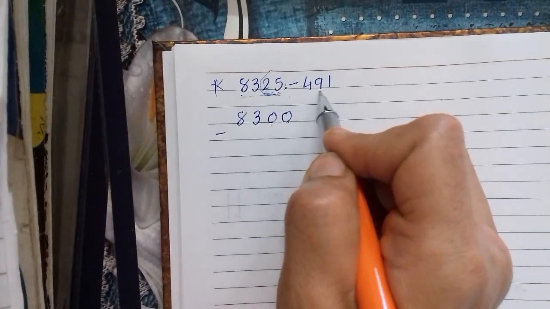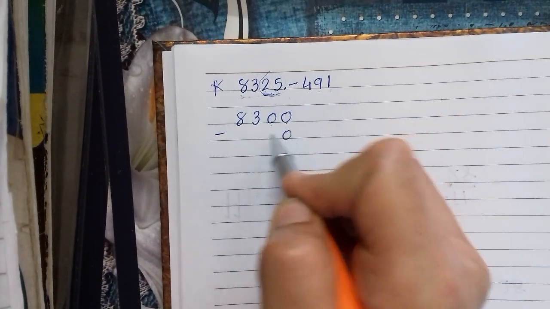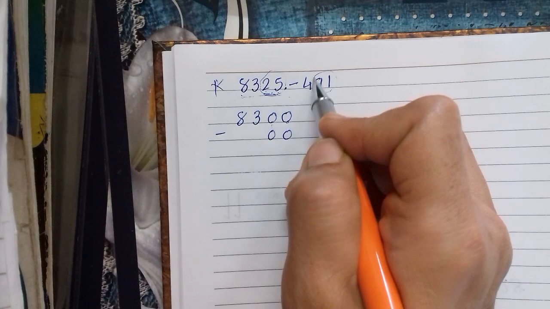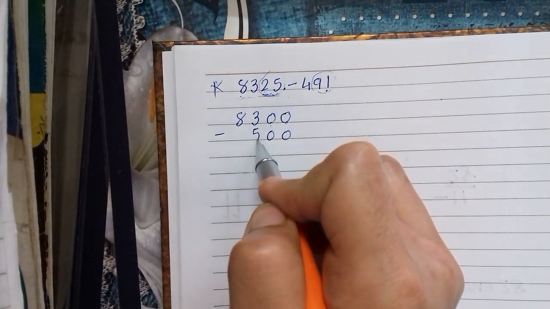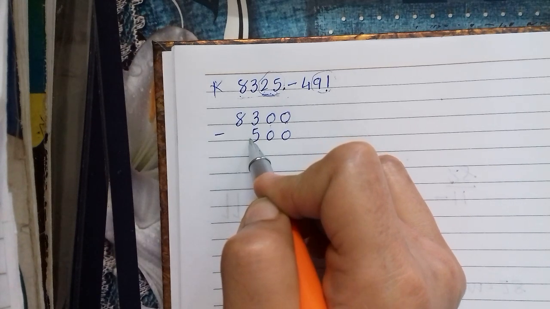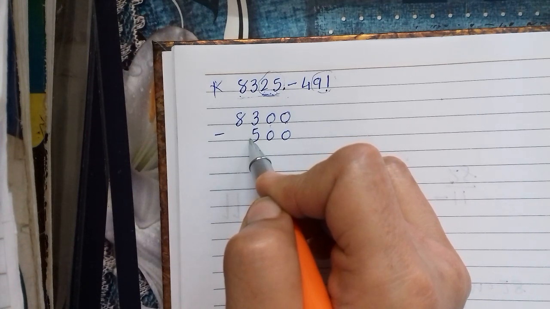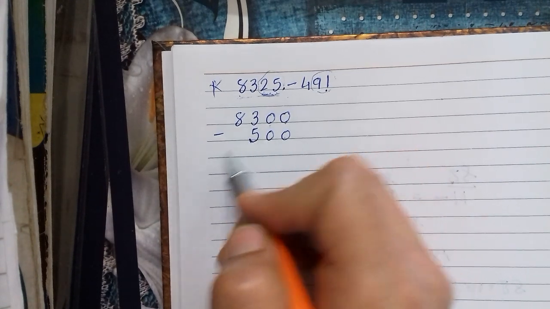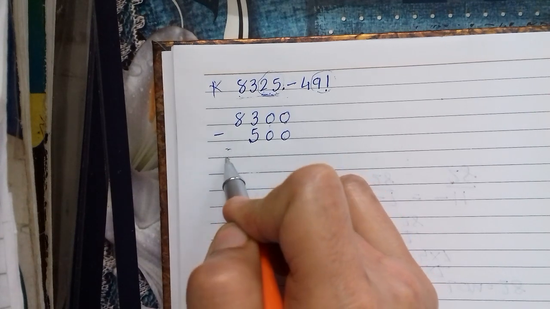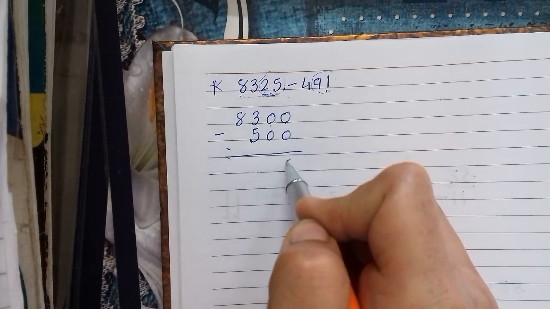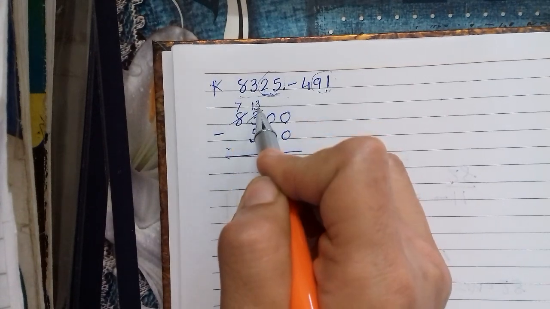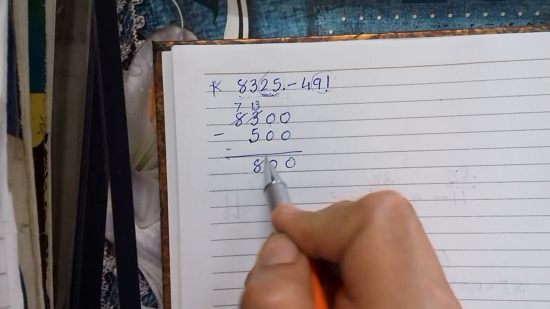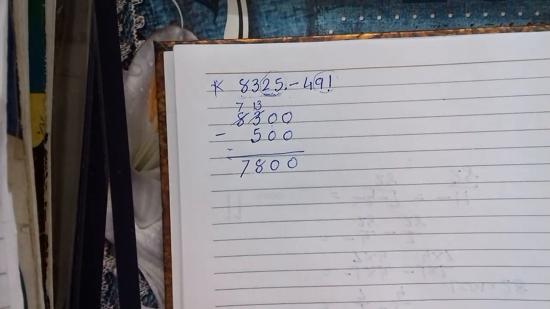Minus here 91: first put 2 zeros, and 91 is greater than 50, so add 1 in the next digit, you will get 5. So 500. Now subtract this. 0, 0, here 13, 7, 13 minus 5, 8 and 7.